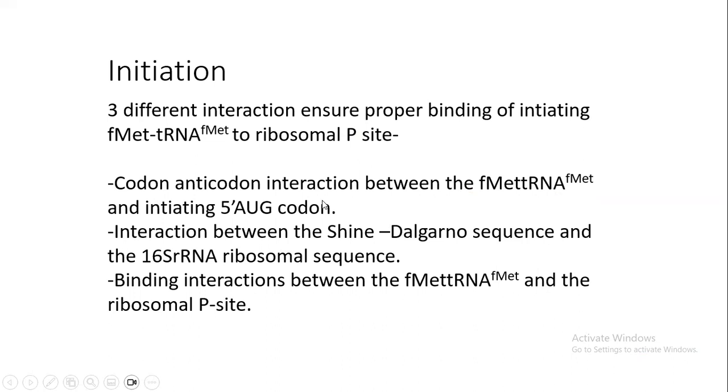First is the codon-anticodon interaction between the formylmethionine transfer RNA and the initiating AUG codon. Second is the interaction between Shine-Dalgarno sequence and the 16S rRNA ribosomal sequence. And third is the binding interaction between formylmethionine transfer RNA and the ribosomal P site.